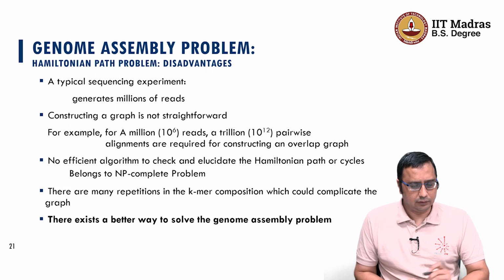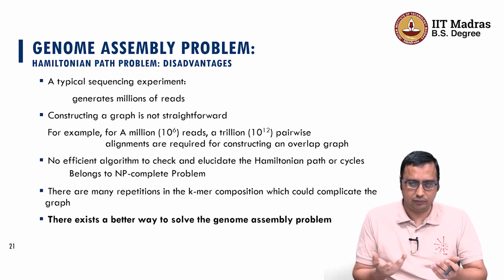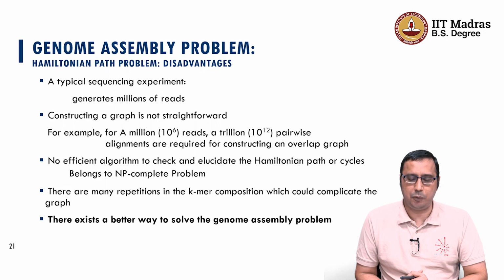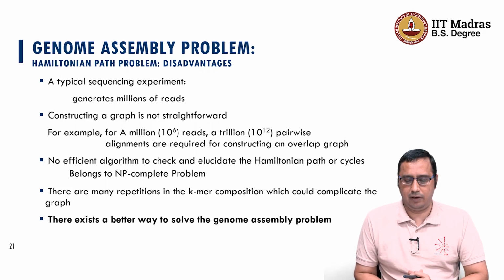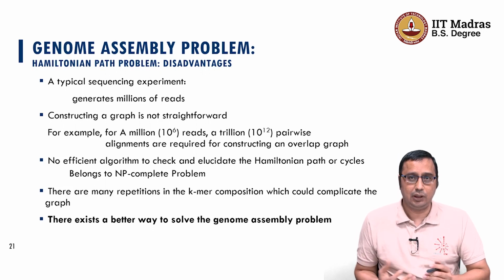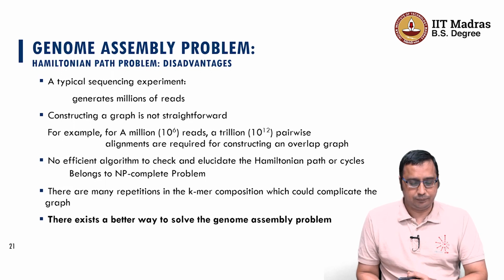And think of that. For example, if we have a million reads, I have to actually look at a trillion pairwise alignments or suffix equal to prefix checks, and then construct the overlap graph. Okay? So imagine the kind of computational requirement we have to construct this graph.